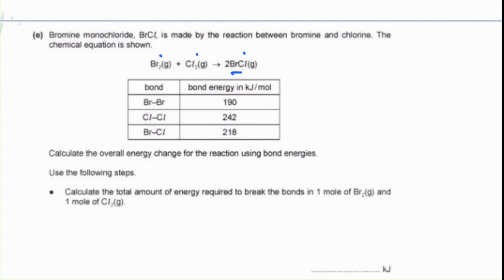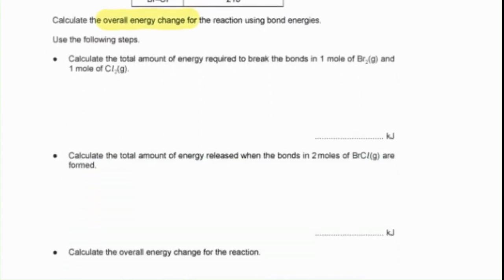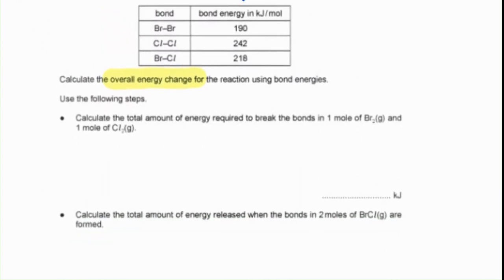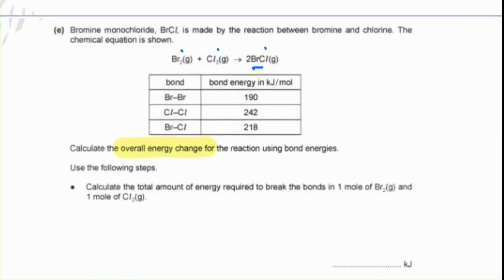So it's asking you to calculate the overall energy change for the reaction using bond energies. So we're just going to follow step by step through. Calculate the total amount of energy required to break the bonds in 1 mole of bromine gas and 1 mole of chlorine gas. So 1 mole of bromine gas is a Br and a Br joined together.